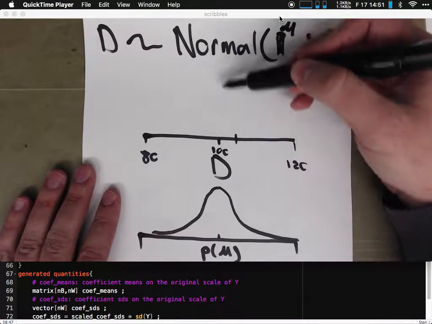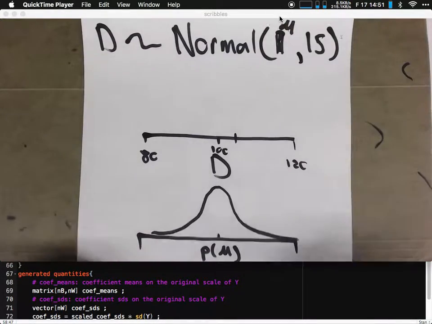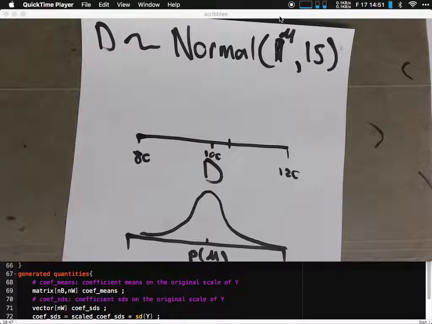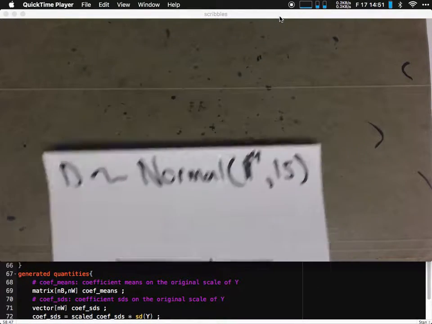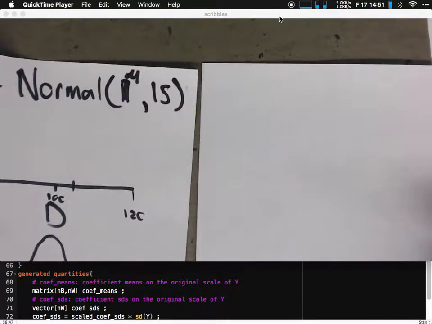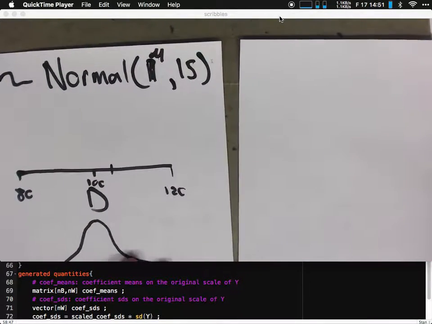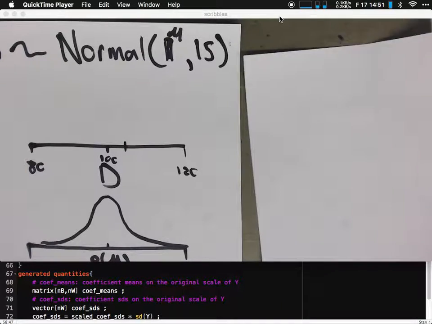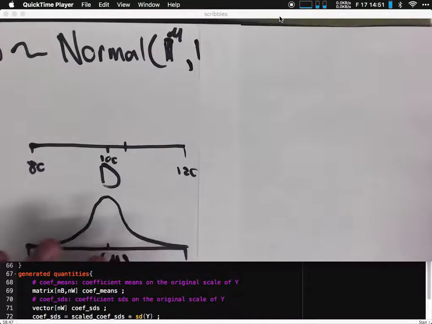Well, if mu is 100, let me actually get a second piece of paper to start writing these things down on. Yeah, I guess this is a good reason to have the widescreen format.